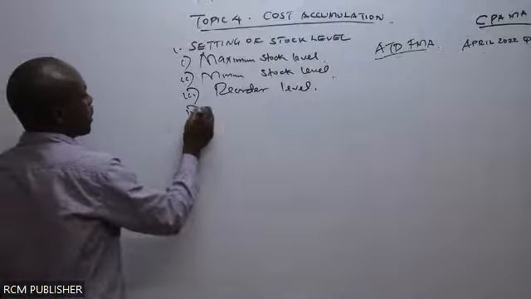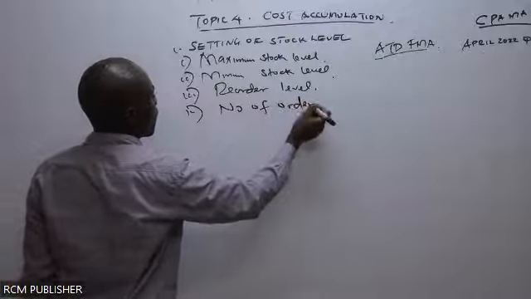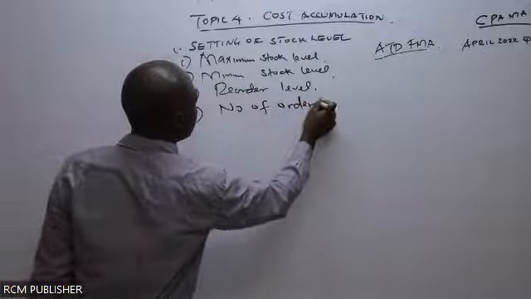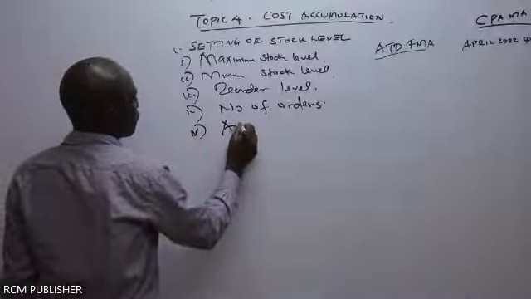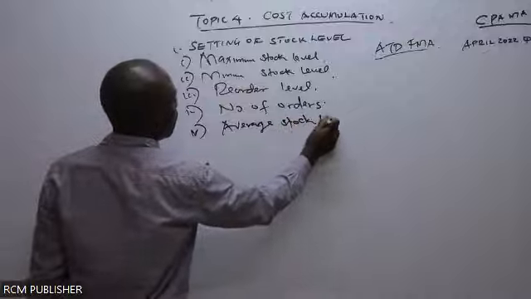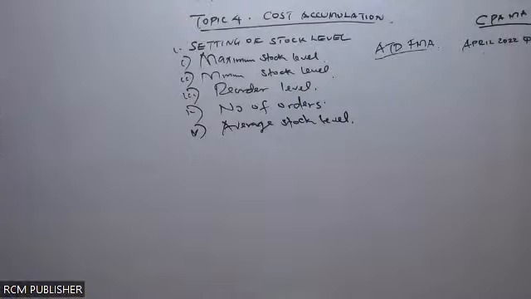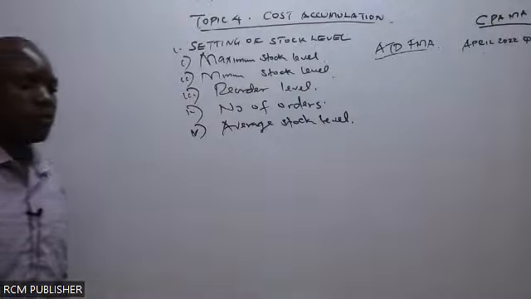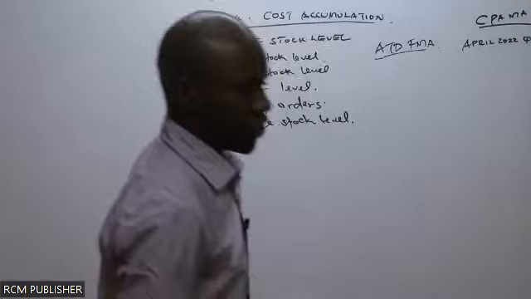We looked at number of orders, which we are also going to cover here extensively today. Then we also looked at average stock, average stock level. Those are some of the concepts that we covered in our previous session.